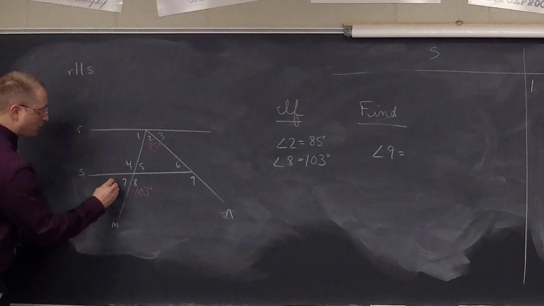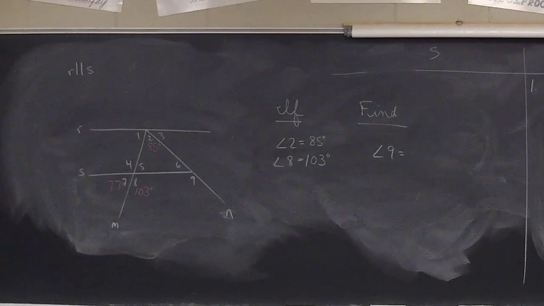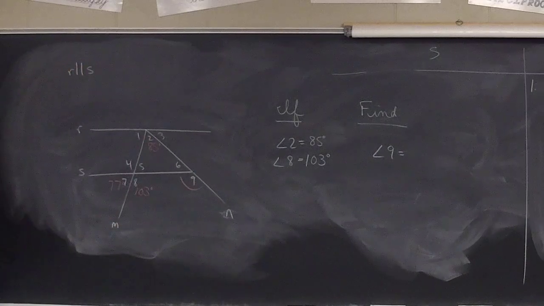77. Okay, so you know that angle 7 is 77 degrees. Lucky number. Okay, that's at least a start. Can you find anything else? I mean, I know our goal ultimately is to find 9, but can you find anything else? I guess 5 now.